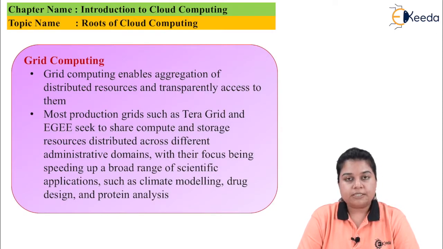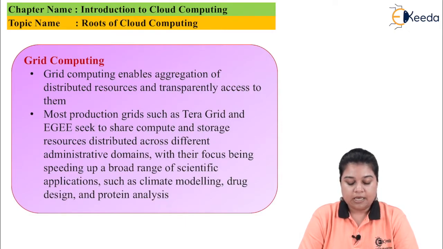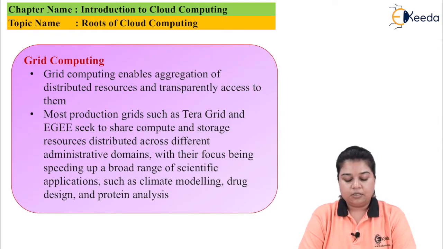Most production grids such as TeraGrid and EGEE seek to share compute and storage resources distributed across different administrative domains, with their focus being speeding up a broad range of scientific applications such as climate modeling, drug design, and protein analysis.